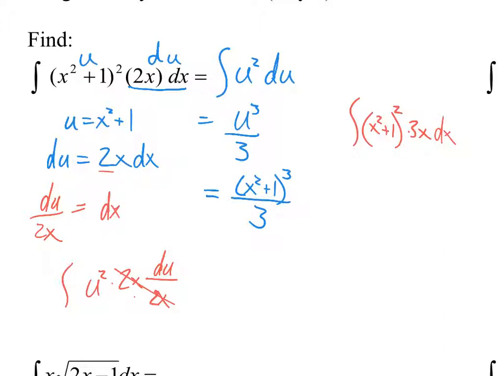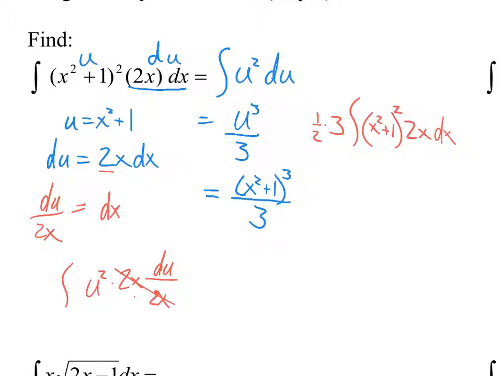What I would do in this case is pull the 3 out, because it's a constant, so I could pull it out of the integral. I'd put the 2 in, and then I'd have to multiply by a half on the outside. So if you had the wrong constant, just figure out a way to make it the right constant.